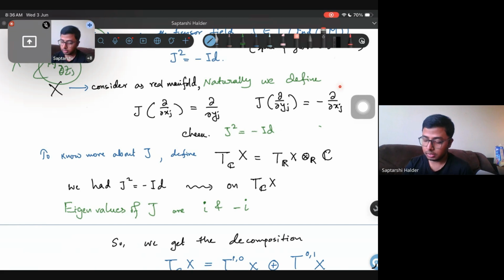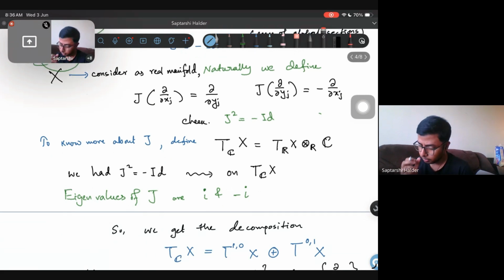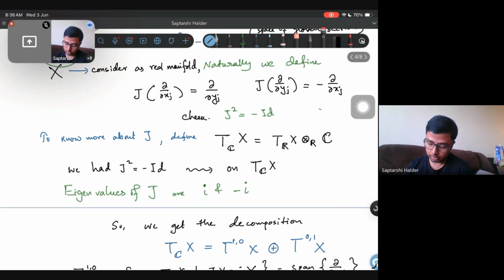This is the precise thing where you can see that it naturally admits an almost complex structure. Now we want to know more about this almost complex structure J.